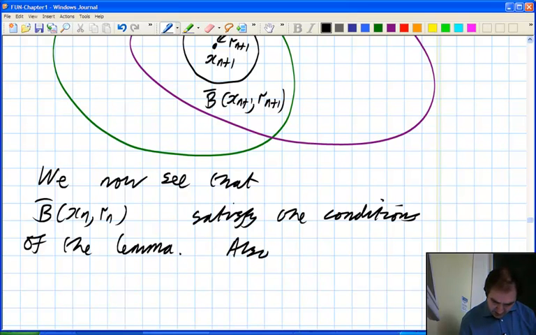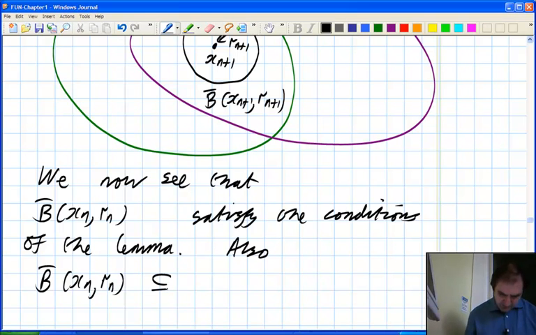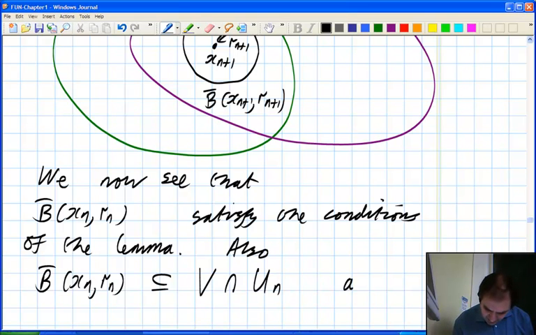Also the ball centred on xn, Rn is contained in the intersection of V with Un for all n, but they're also nested decreasing.